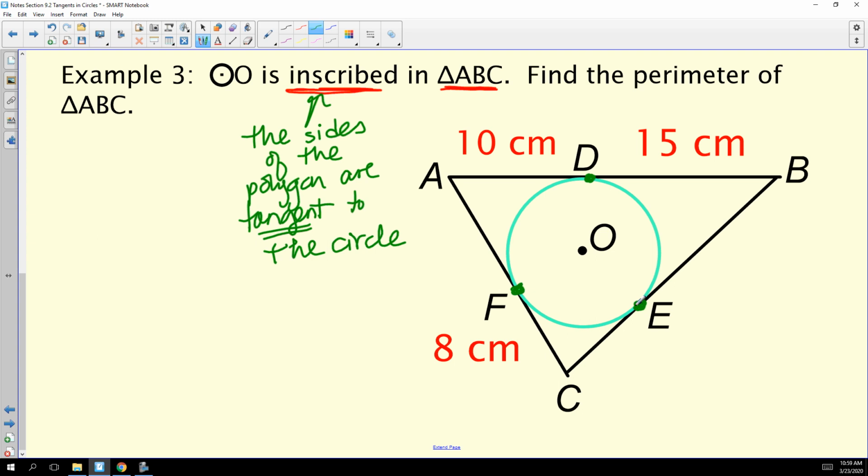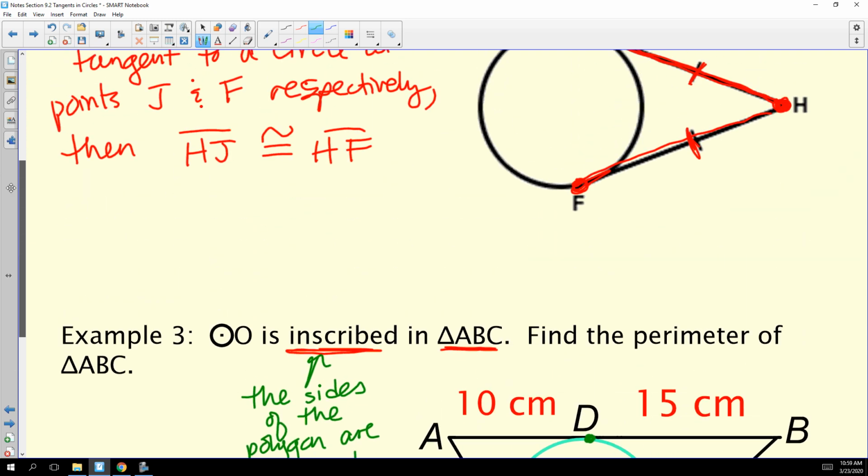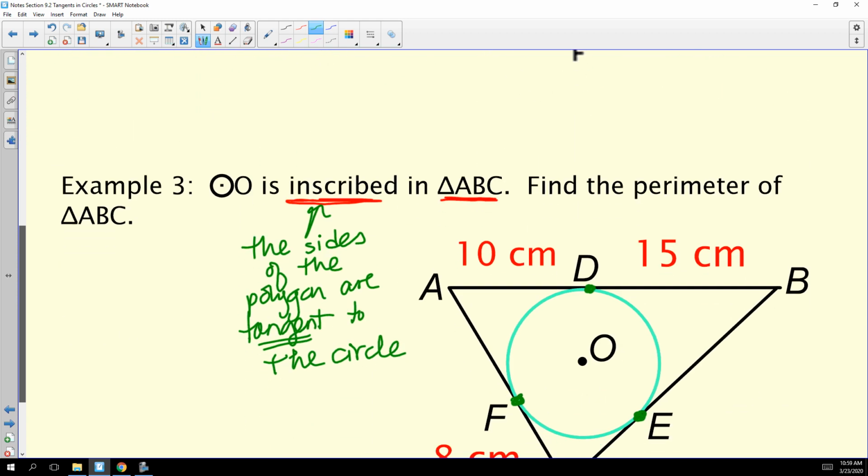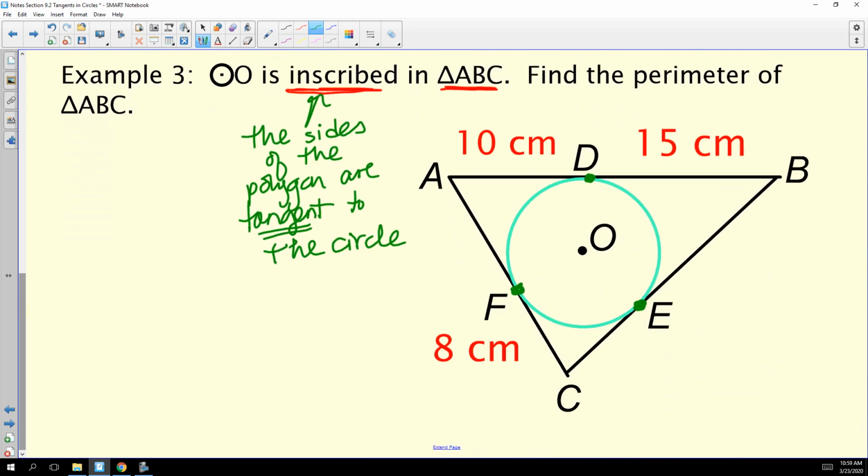So use the theorem at the top of the page: if we have tangents that come from the same point outside the circle, then those tangents are congruent. Look at point A, segment AD. The length of AD is 10 centimeters, and there's another tangent segment coming from point A, segment AF. So segment AF should be congruent to segment AD, and we can put a 10 right there.